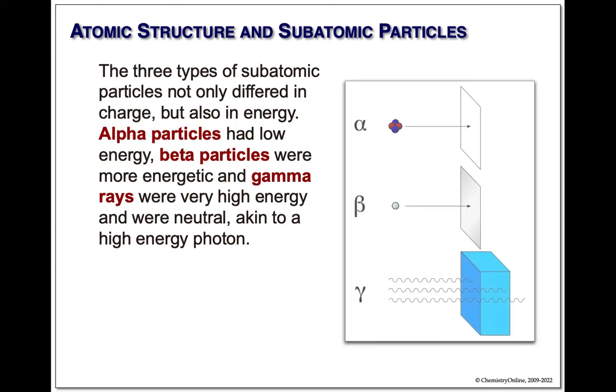The three particles do differ in their inherent energy, also in what it takes to stop them. Alpha particles are big, they're heavy, they're slow. You could stop an alpha particle with a sheet of paper. Most beta particles are much more energetic. This is supposed to represent 1 centimeter of lead.